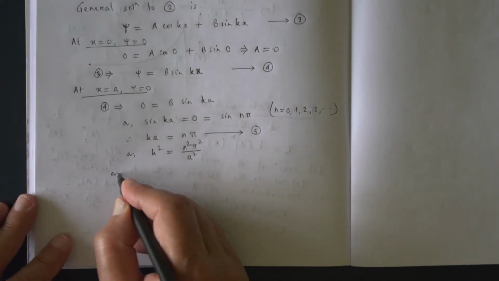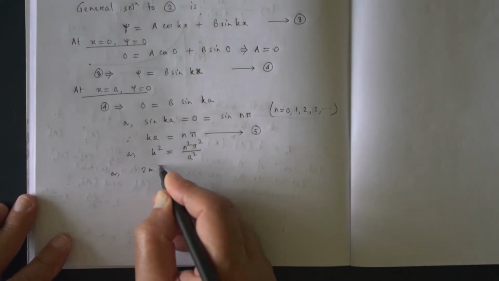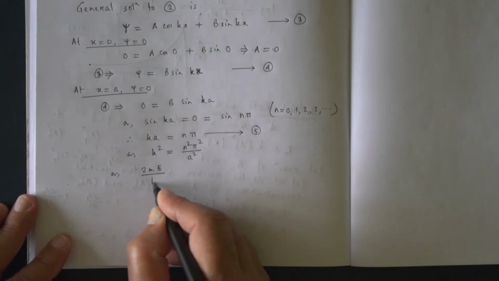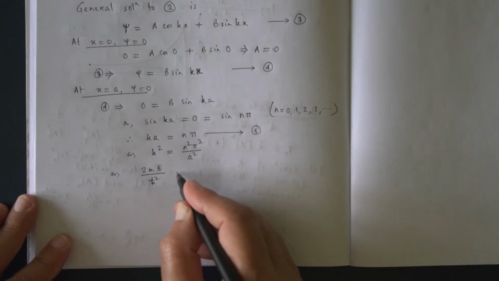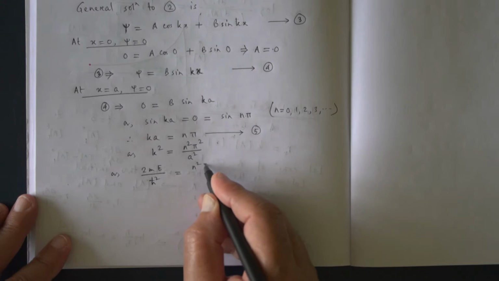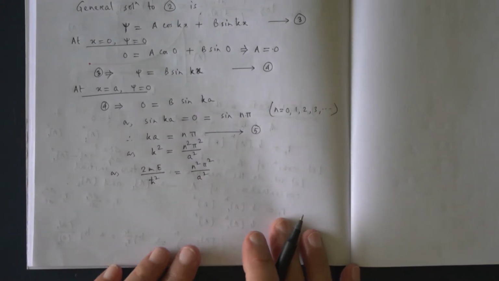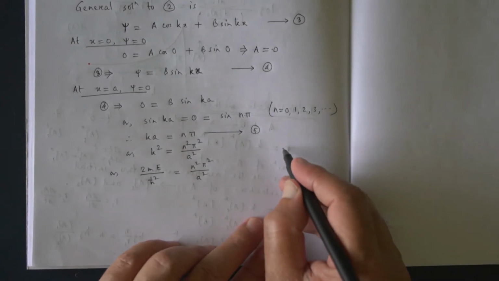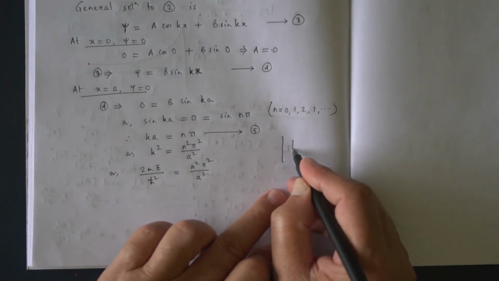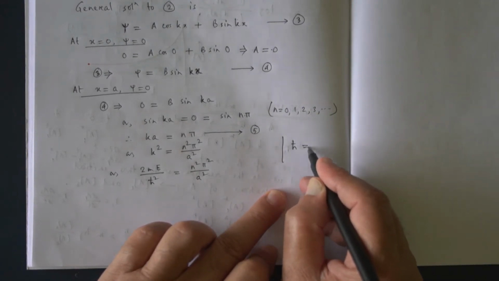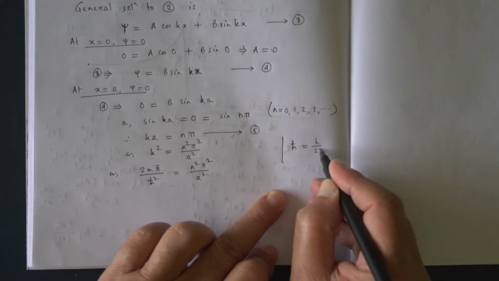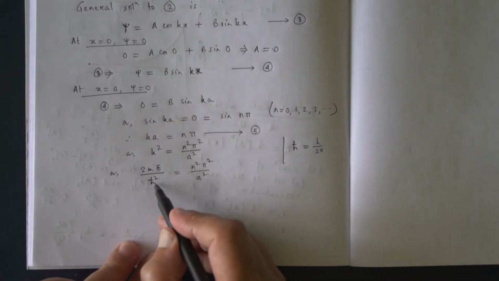K square equal to 2mE by h bar square, that is equal to n square pi square by a square. Now we know h bar equal to h by 2 pi, so here we can replace.